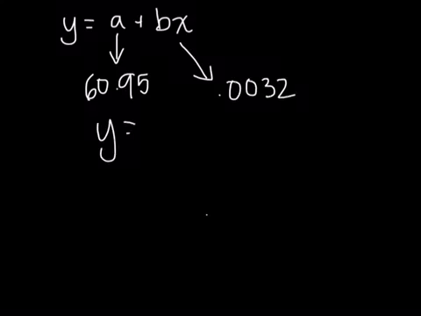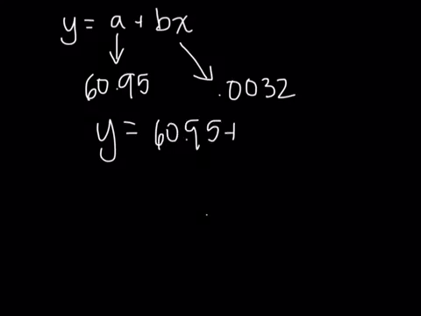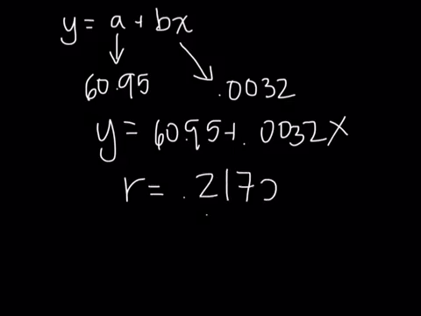So it's y equals 60.95 plus 0.0032 of x. And you can find this by going into regressions in your calculator after you've entered it in, and you can even find that r equals 0.21759.